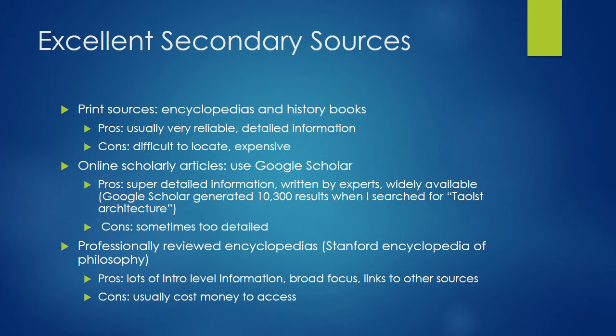So you should definitely use this resource. There is a ton of information out there written by experts that is free to access. The only drawback of this is that sometimes these articles can be too detailed and they can be difficult to read. And this is because sometimes they're written for experts, not for general researchers like you guys.